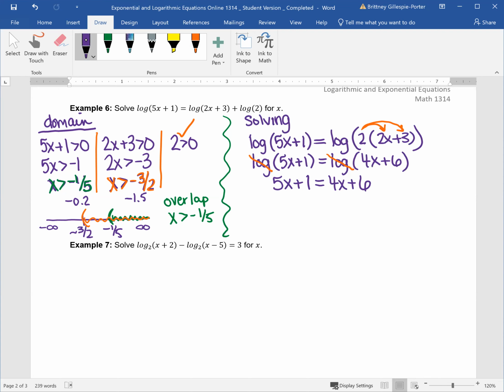Subtract the 4x from both sides. 5 minus 4 gets us 1x, or x, if you would prefer, plus 1 equal to 6. Subtract the 1, and we find out that x is equal to 5, because 6 minus 1 gets us 5. 5 is definitely bigger than negative 1/5, so we get to keep the answer of x equal to 5.